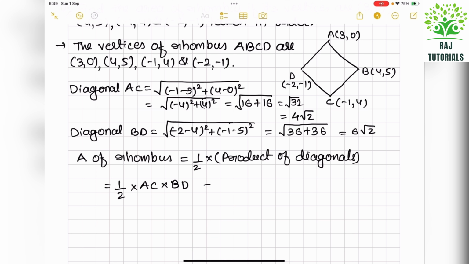So that will be equal to half into 4 root 2 into 6 root 2. So if I cut 2 and 4, so it will be 2. So 2 into root 2 into root 2 will be 2 into 6. So that will be 24 square units.